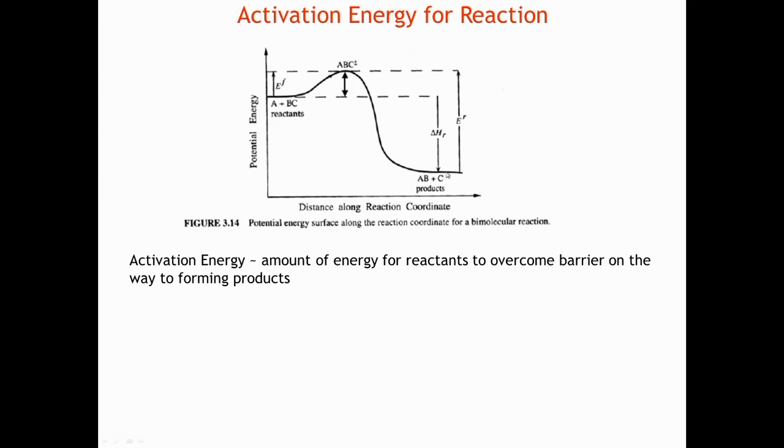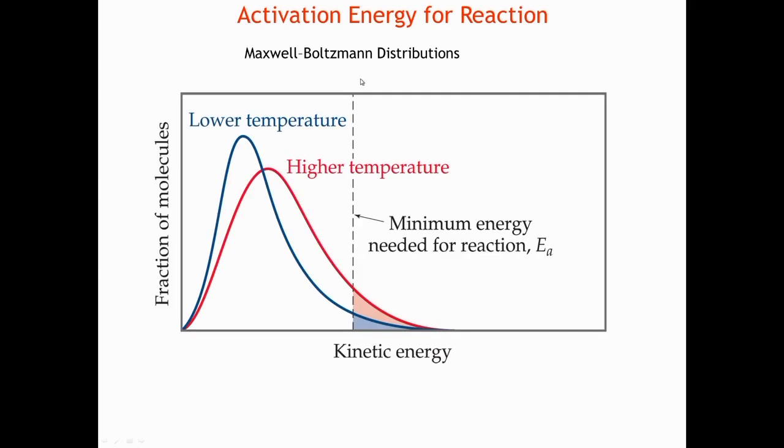So if your products are down here and your initial reactants are here, your activation energy is what is necessary to make the products happen, which means they must get over the energy barrier in the chemical system. So that energy barrier, essentially, the fraction of molecules that can get over there as a function of temperature is much greater at higher temperatures because your kinetic energy goes up.